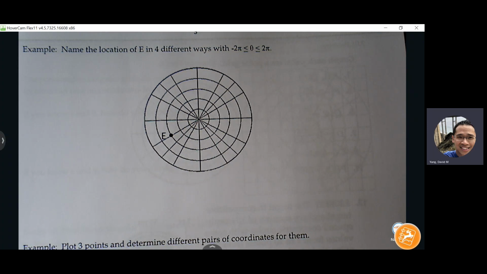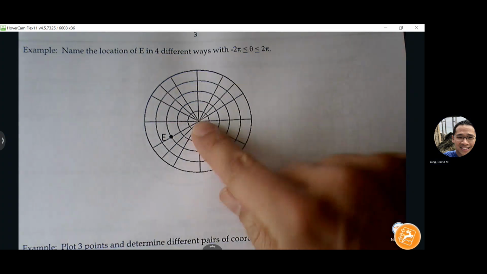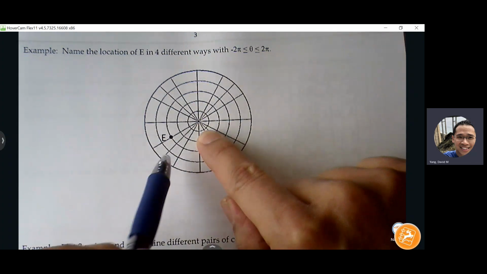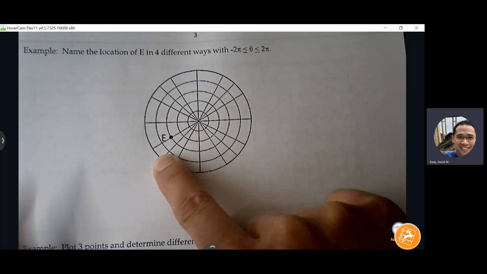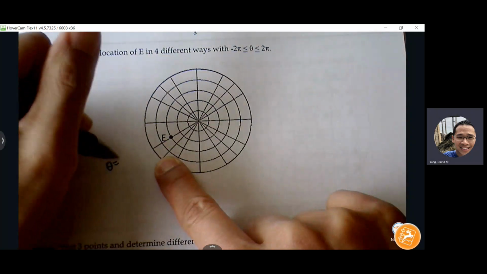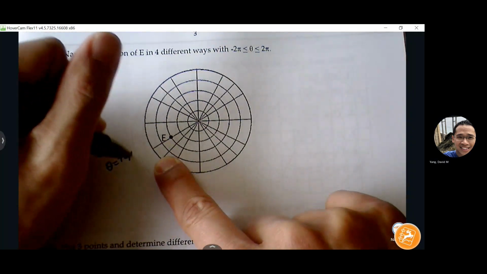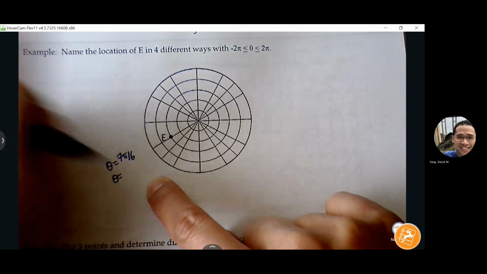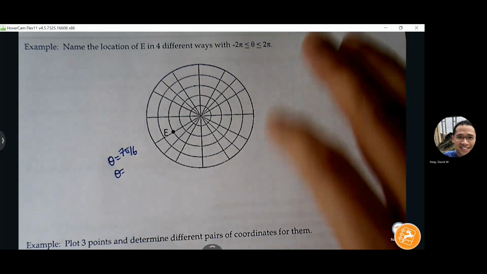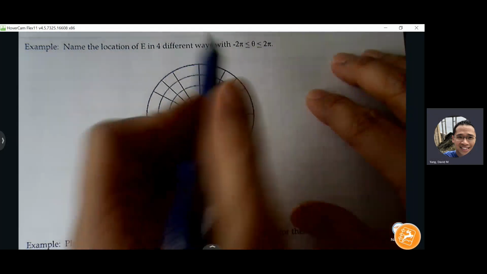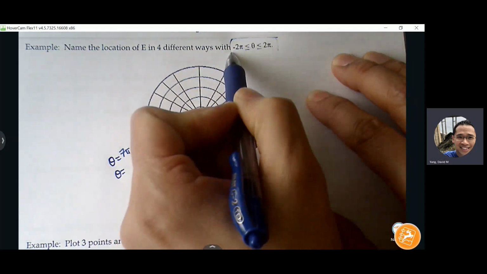Let's start with the most obvious one. Okay. So in terms of radians or degrees, which angle is that E located in? Yep. And in terms of degrees, it's going to be, oh, sorry, it says, in terms of pi. So we're going to leave everything in radians.